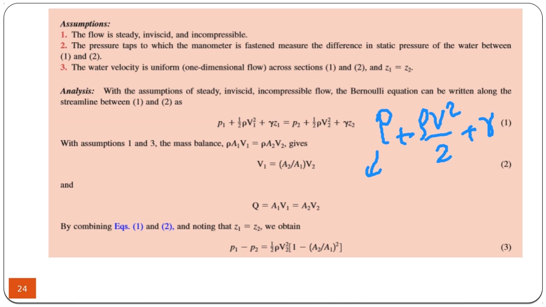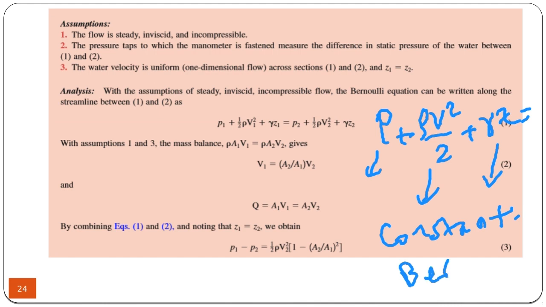This is the pressure due to the flow velocity, and this is the pressure due to the height of the fluid column. So this summation is called the total pressure, is constant according to Bernoulli's law. So it means if it's constant, the left-hand side should be equal to the right-hand side.